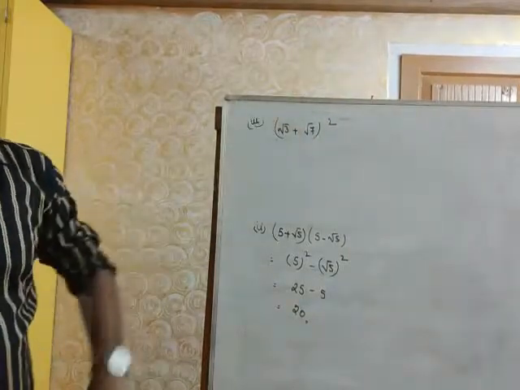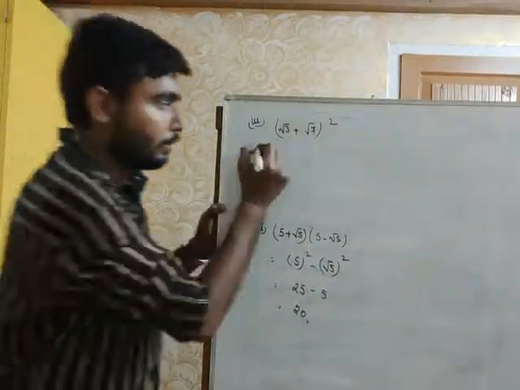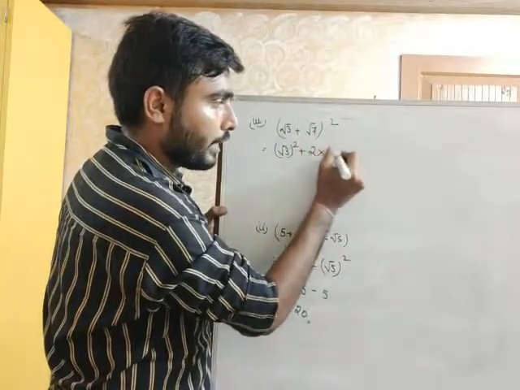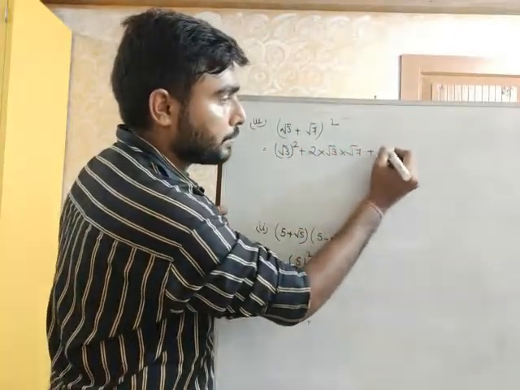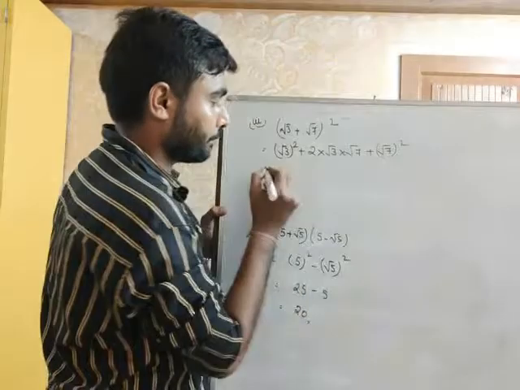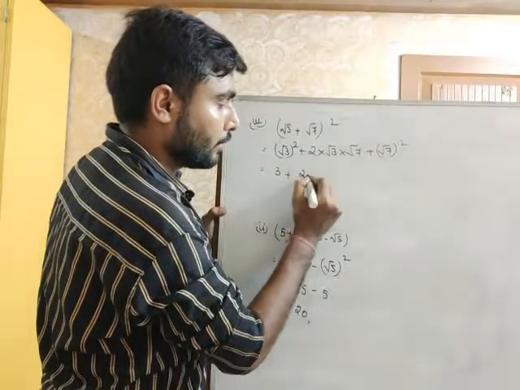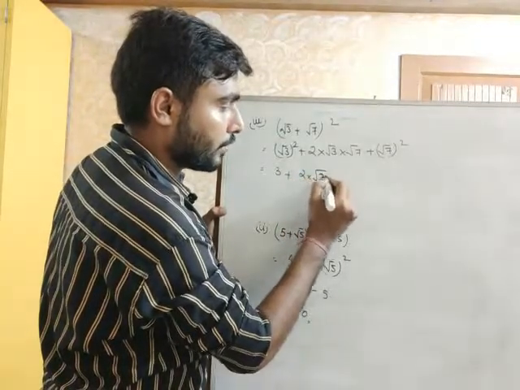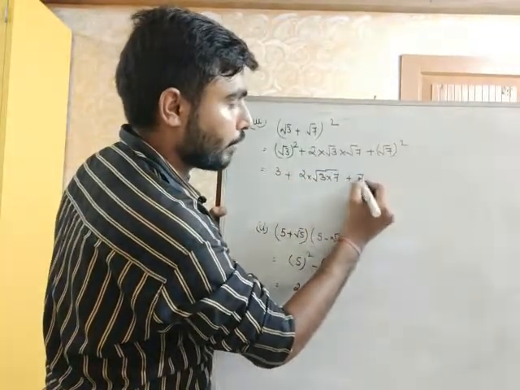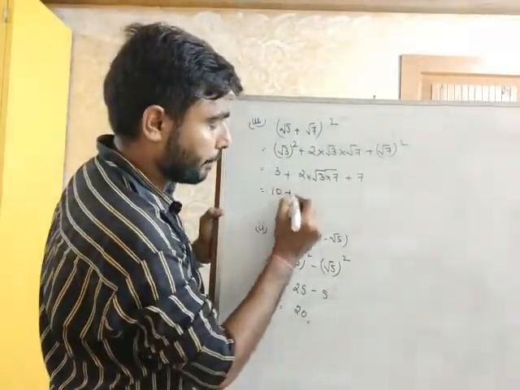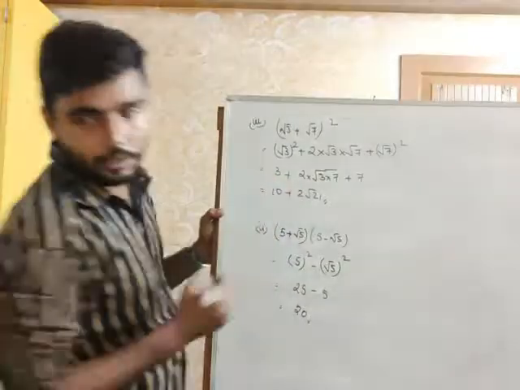The formula for a plus b whole square you all got in class 8, which is equal to a square plus 2 into a into b plus b square. Root over 3 square is 3. 2 into root 3 into root 7, and root over 7 square is 7. 7 plus 3 is 10. 10 plus 2 root 21 is your answer.